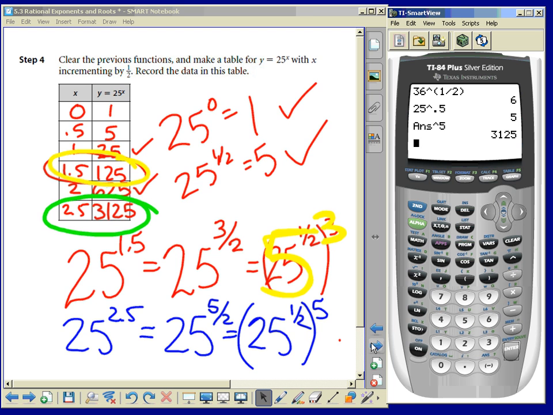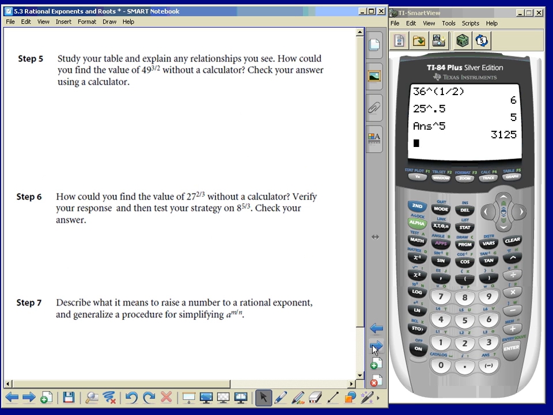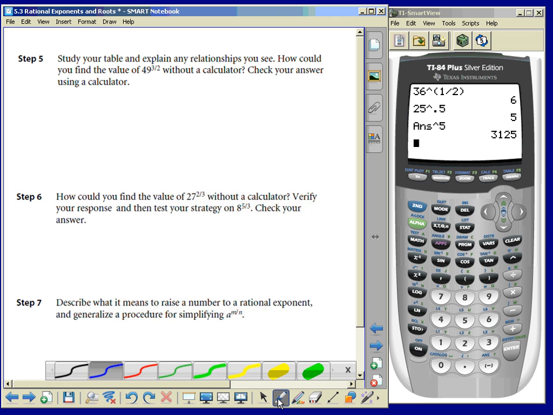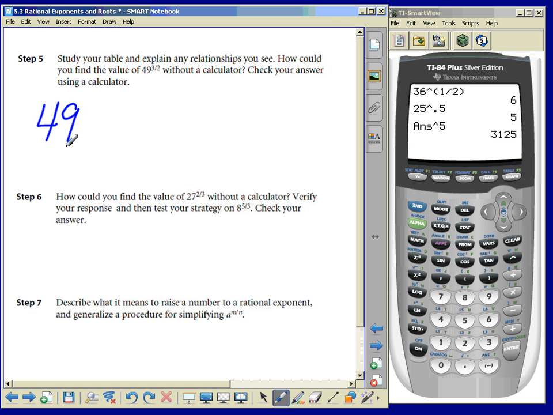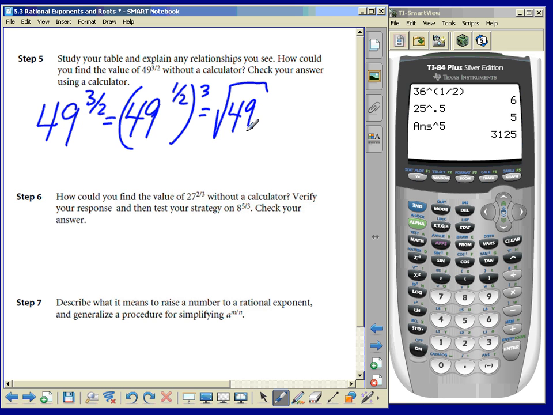Next. In step 5, they want us to think about how we could find 49 to the 3/2 without a calculator. So if we do that breakdown, think about it as 49 to the 1/2 cubed. Well, 49 to the 1/2 is the square root of 49, cubed.